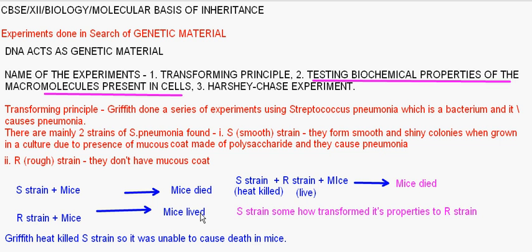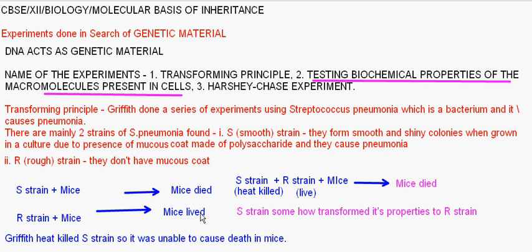Actually they did an experiment related to the transforming principle experiment done by Griffith. Then they found that in absence of purified RNA or purified protein, the transforming principle is still applicable.